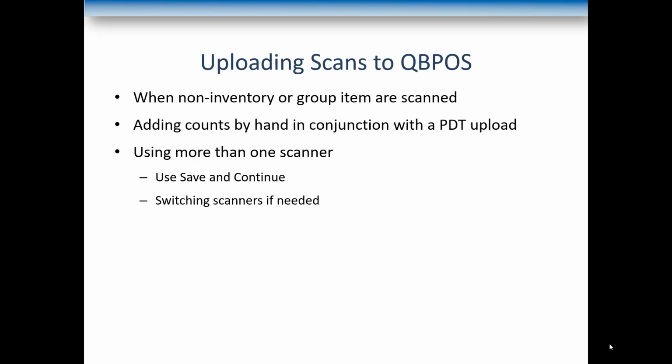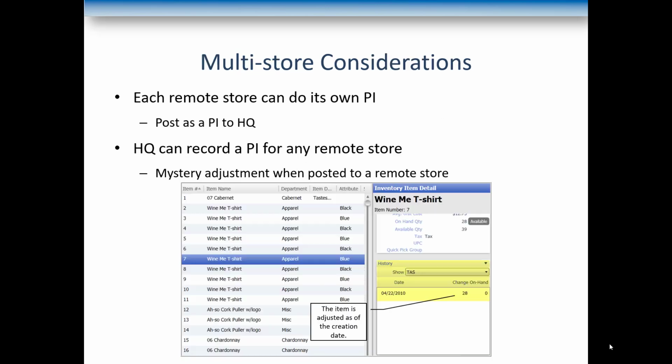All right, so lastly, before we jump into the actual demo of the physical inventory scanner, we're going to talk about multi-store. What we recommend is that each remote store does its own physical inventory. Now, headquarters has the capability of doing a physical inventory for the store.